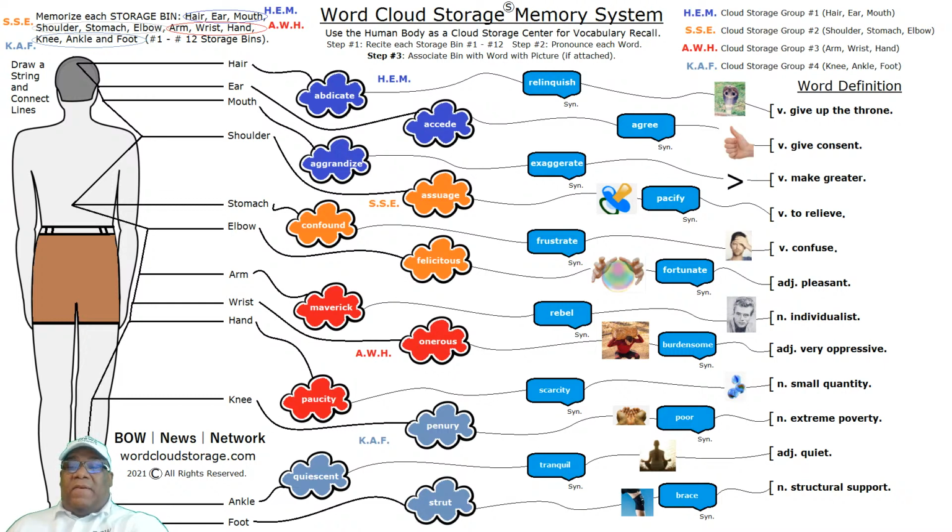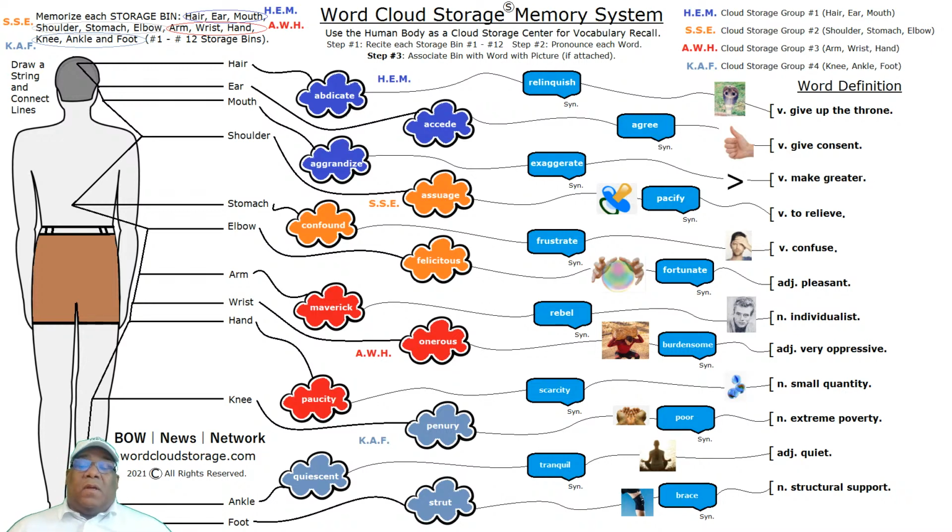Fallacious, rebel, maverick, burdensome was onerous. Red group, that was a trigger. Scarcity had to do with the hand, so that was paucity. Marbles. Poor had to do with penury, because the hands are folded. Tranquil, quiescence, and then the last one rounds out with strut, because we see the knee brace, strut.